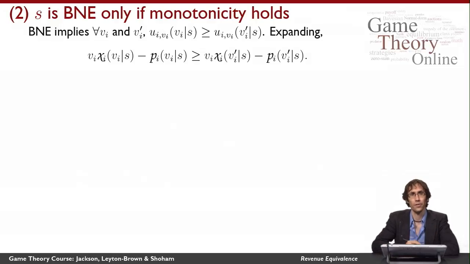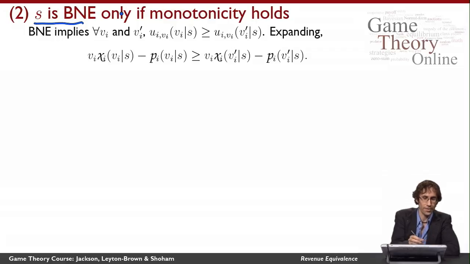OK, now let's do the sufficient conditions. So now I want to say that S being a Bayes-Nash equilibrium implies that monotonicity has to hold.